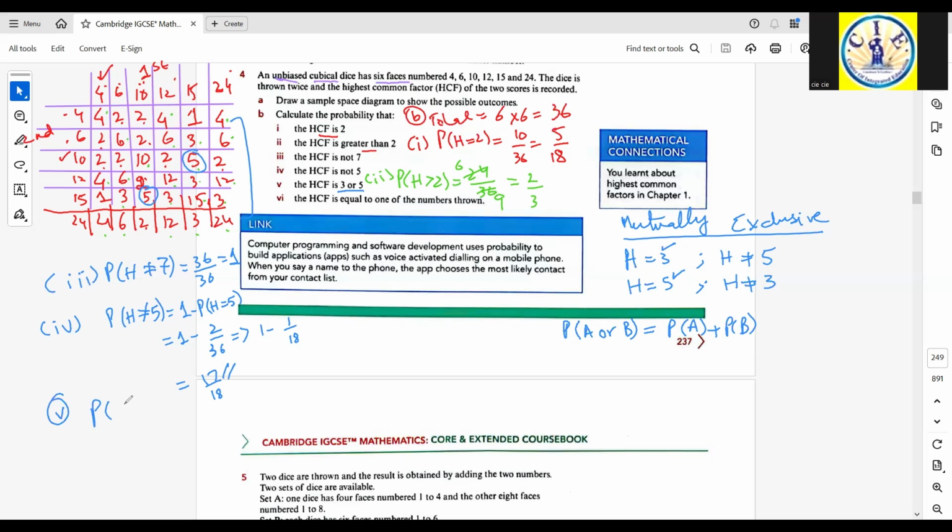Probability of HCF equals 3 or 5 will be equal to probability of HCF equals 3 plus probability of HCF equals 5. For how many times is this HCF 3? Let's calculate that.